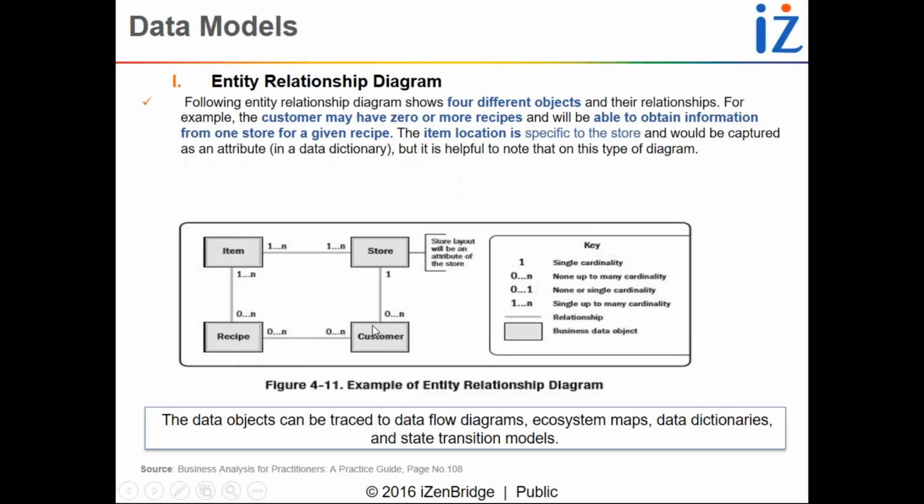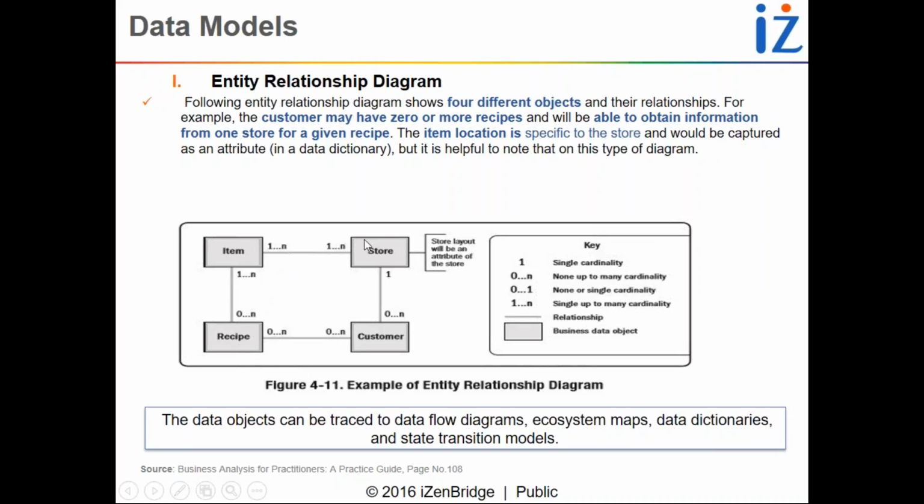Here is a 1. So the customer will be able to obtain information from one store for a given recipe. Here the relationship between store and item is 1 to n, and from item to store 1 to n. It means a particular item is associated with a particular store.